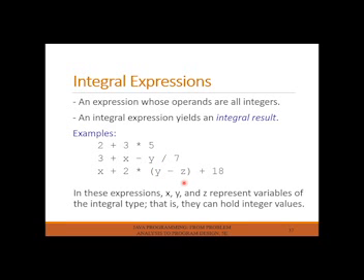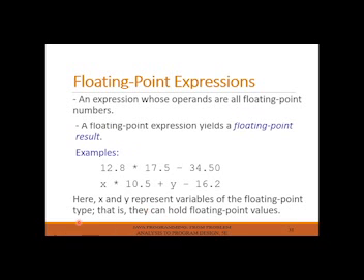Sa rule of precedence, kung ano yung nasa loob muna ng grouping symbol, yun ang uunahin natin. So in this case, y minus z muna bago natin imumultiply yung sagot nito sa 2. And then proceed with addition. In these expressions, x, y, and z represent variables of the integral type. That is, they can hold integer values or whole numbers.